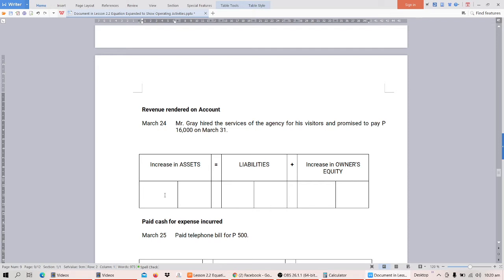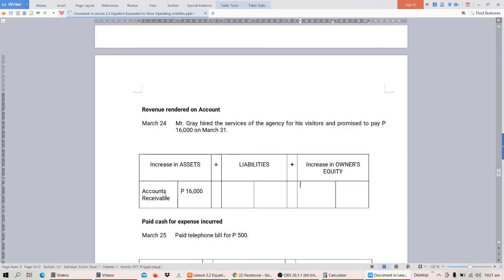Okay, Mr. Gray hired our Happy Travel and Tours for his visitors. He promised to pay us on March 31. So instead of cash, we are going to place here accounts receivable since he didn't pay in cash. So accounts receivable amounts to 16,000 pesos.